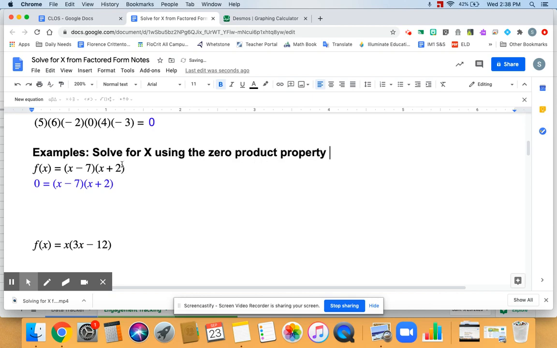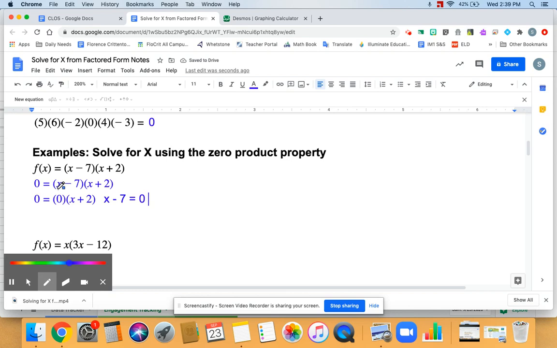to help us solve. Because if I want all of this to equal 0, well, remember, it's this parenthesis times this parenthesis. So for example, if this parenthesis right here somehow equaled 0, it doesn't matter what this one is because the answer is still going to equal 0. So how does that parenthesis, that x minus 7, how am I going to get it to equal 0?